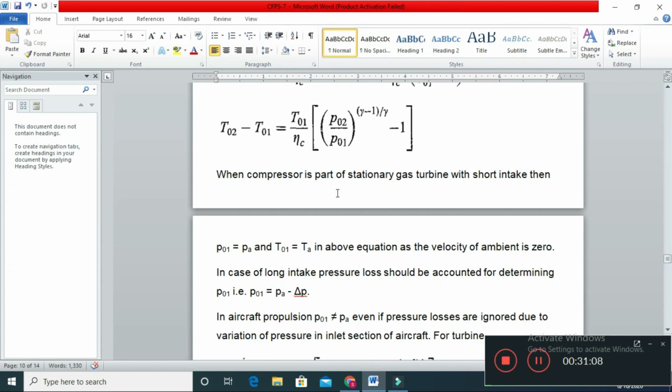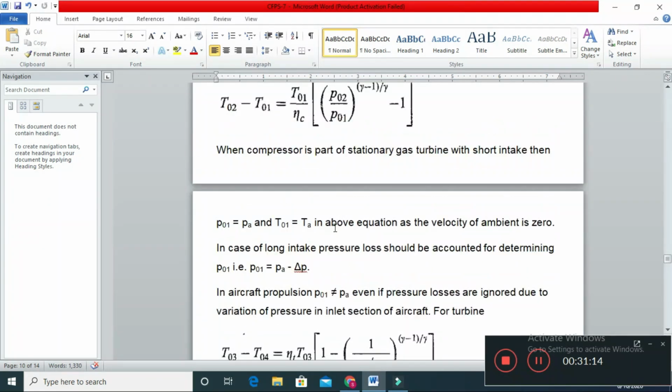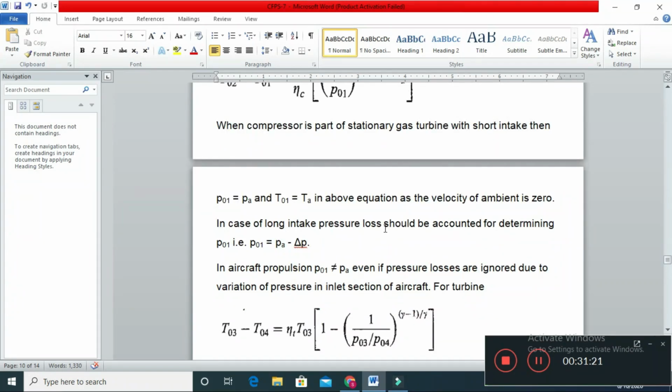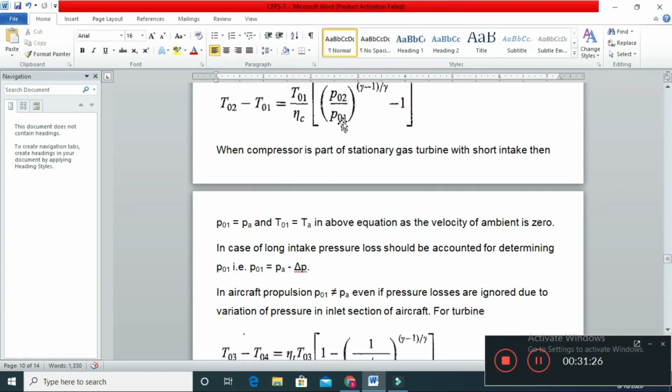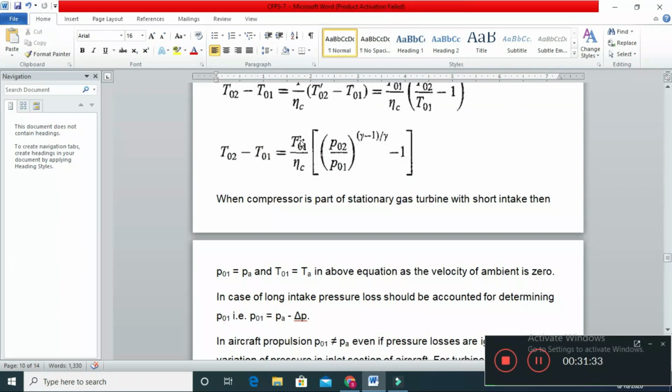In the case of the compressor, the inlet fluid sometimes does not have any significant velocity or kinetic energy. So in that case we can assume P01 simply as PA, and T01 can be written simply as TA, because the inlet fluid does not have any significant velocity.